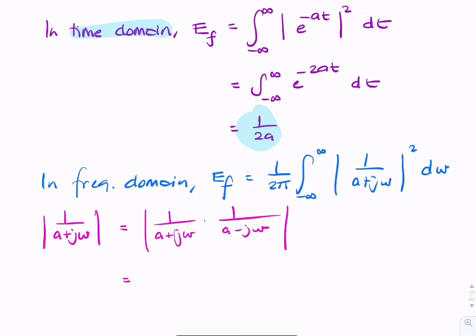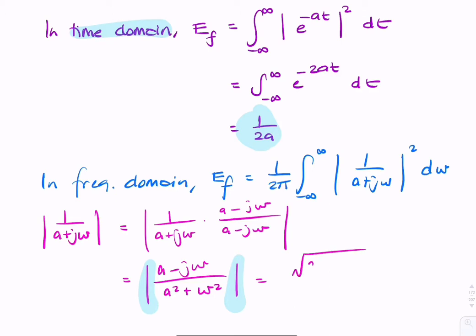And that gives us, of course, we'd multiply numerator and denominator, so you'd have a minus j omega over a squared plus omega squared. Because we're trying to find the modulus, or the magnitude, we would take the real part and the imaginary part, and that simplifies to 1 over the square root of a squared plus omega squared.